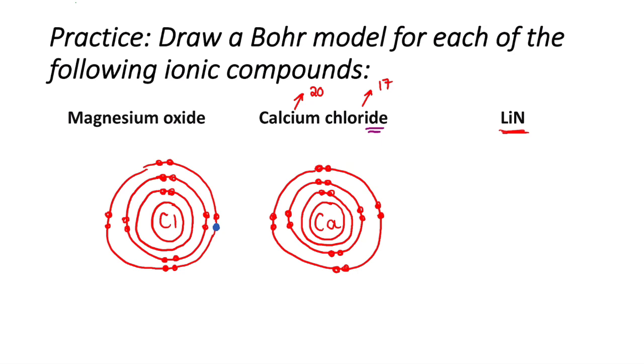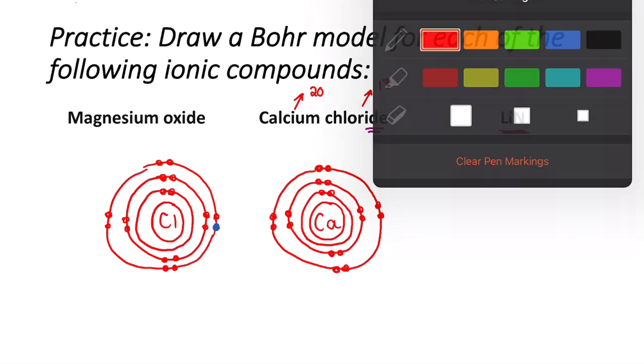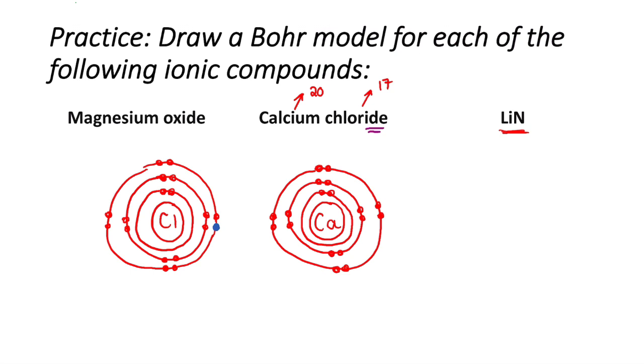Now we still have 1 electron unaccounted for, so we need a second chlorine to pick up that extra electron. So again, I'm going to do another chlorine atom. So Cl, same thing as the first one.